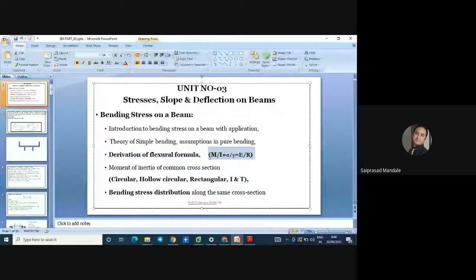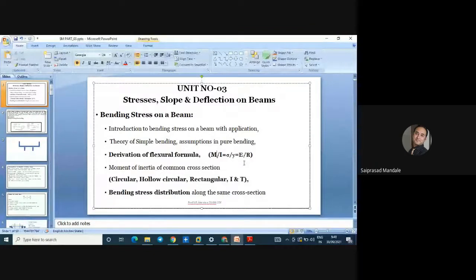So I'm going to cover the formula and its terms, and the derivation when required. Actually, derivation is not required for us, but I'll conduct the derivation as and when required. But the terms involved in the flexural formula are very important. We must know what the different terms are, what their units are, and how they get arranged and rearranged with one another in order to solve problems based on bending stresses.